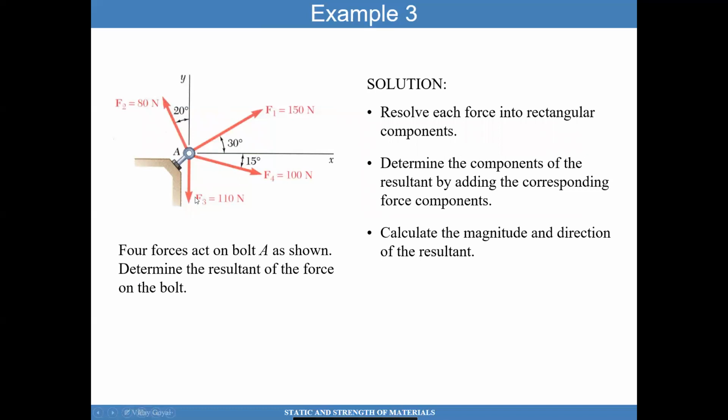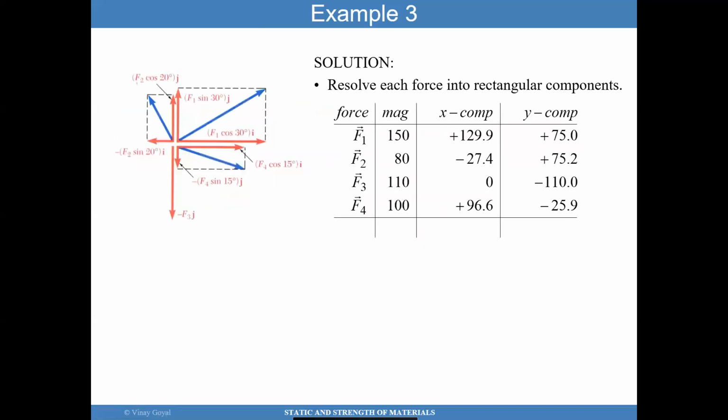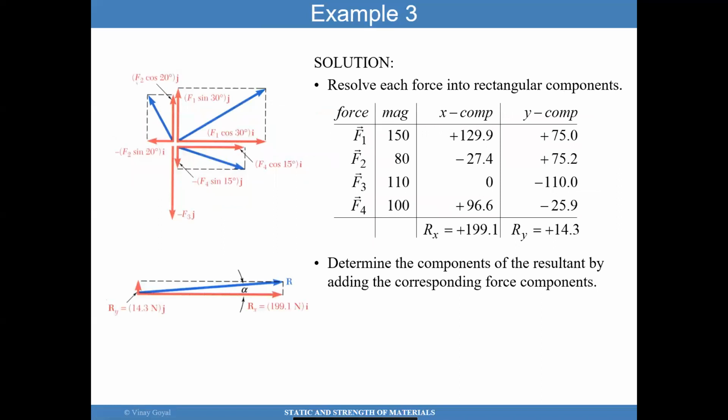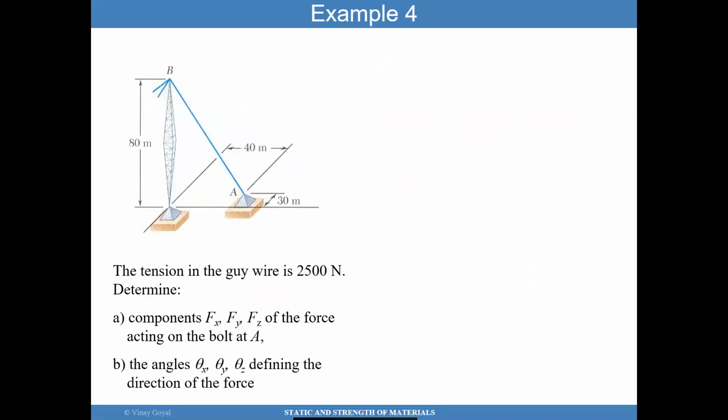Basically, all these forces are acting in different directions, but there's a single resultant force that, if you were to apply it and replace these four forces, is going to give me the same result as if I had these four forces acting on that point A. So that's a benefit of this, because you can now simplify a lot of different problems using this method.